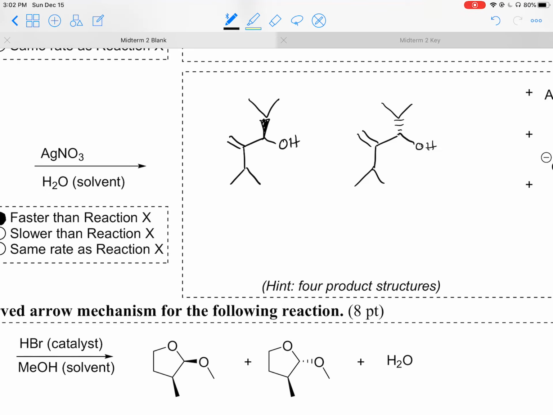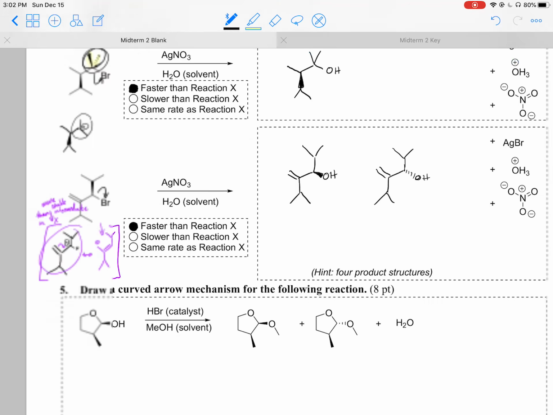Again, you could also instead draw, that might be easier so that we're more like reaction X, a wedge to the OH and a dash to the OH. These are still valid though, they're the same thing. Okay, so those are two of the product structures.